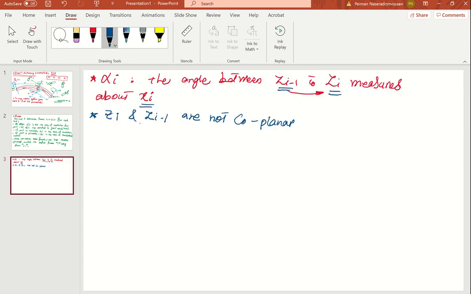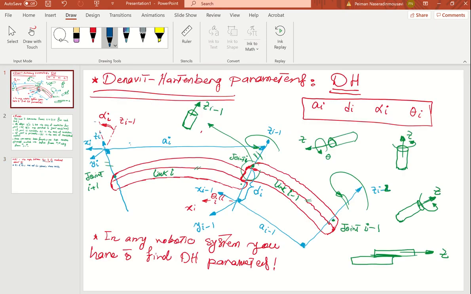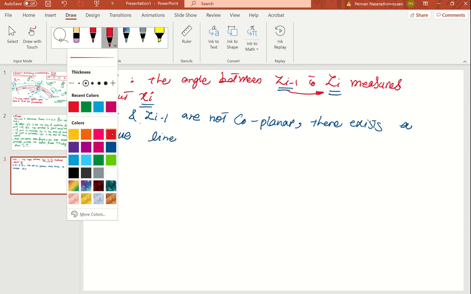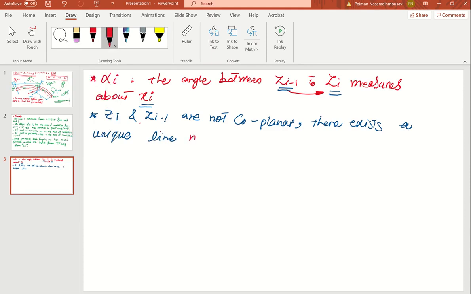So in this case, after understanding that alpha i is an angle between the z's measured about the xi axis, there exists a unique line.